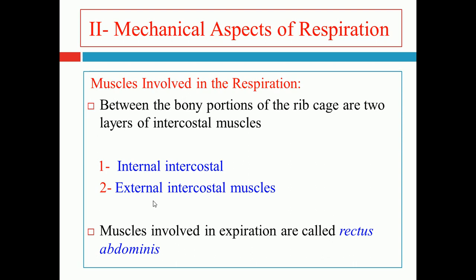Before proceeding, just remember that these are skeletal muscles because they are attached to the bones. The working of a skeletal muscle is when it is contracted. So when the skeletal muscle is contracted, we say that the muscles are working. Just remember that. Internal intercostal and external intercostal muscles. And the muscles involved in expiration are called rectus abdominis.